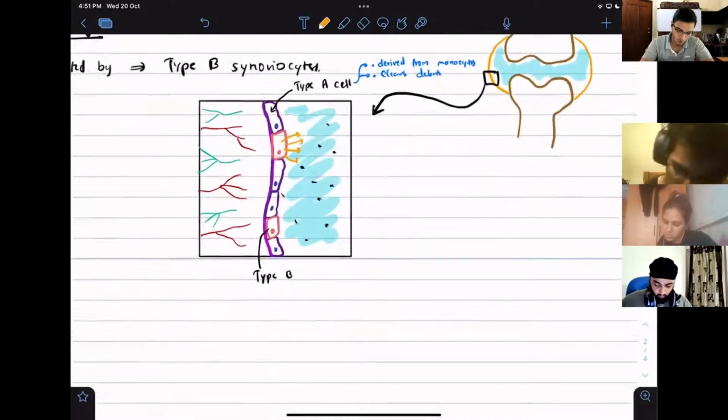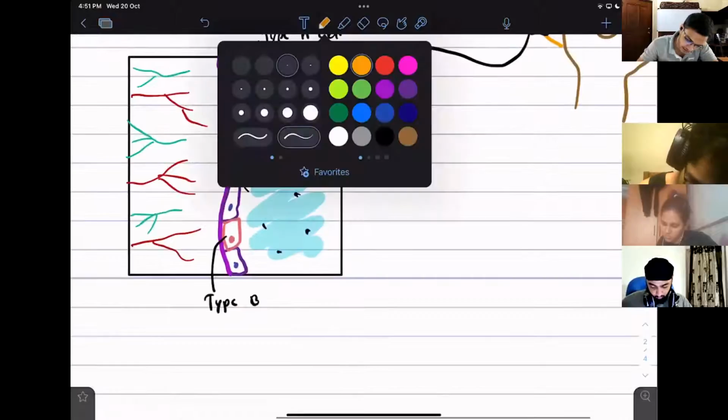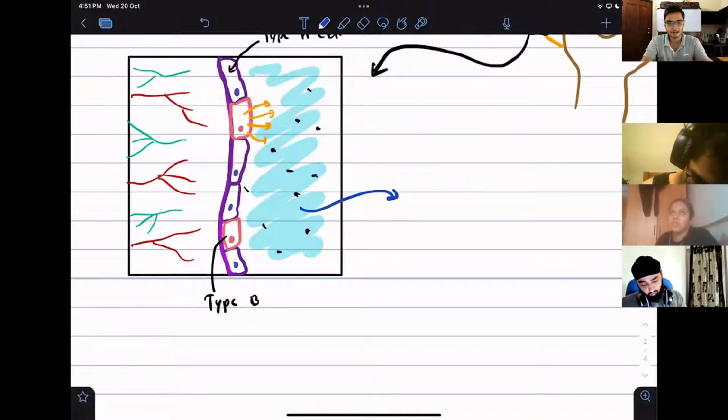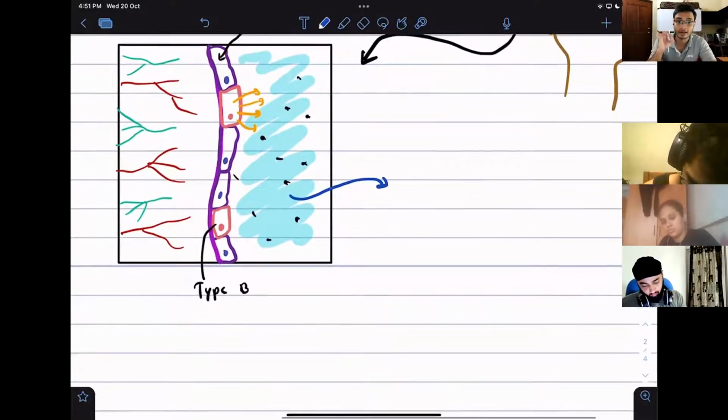Now, what does this synovial fluid contain, guys? This synovial fluid is a little bit similar to our extracellular fluid, but the viscosity and everything is a little bit different. It is a little highly viscous. But basically, look at this. It contains hyaluronic acid.